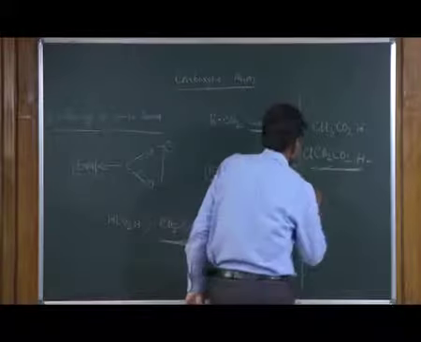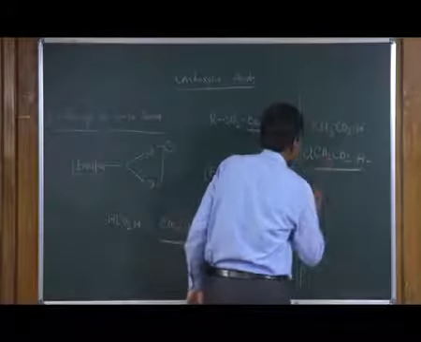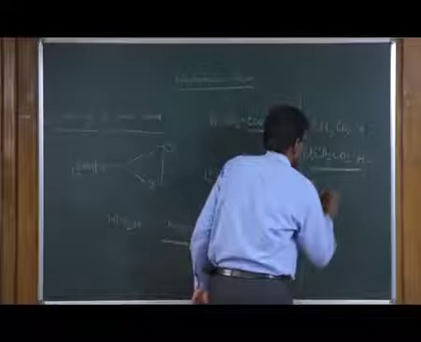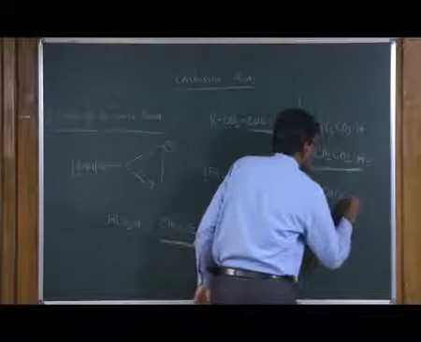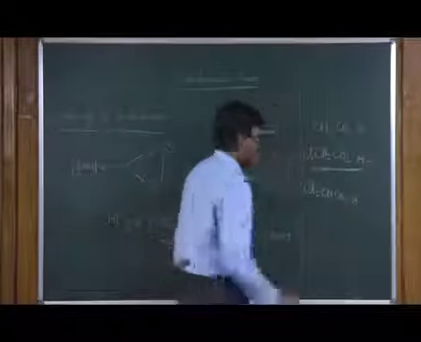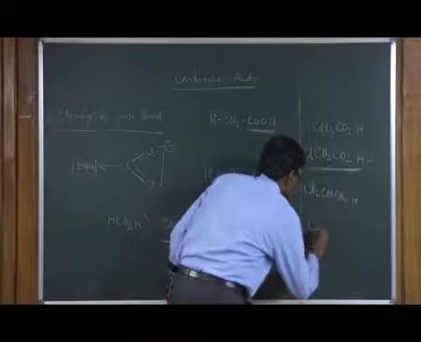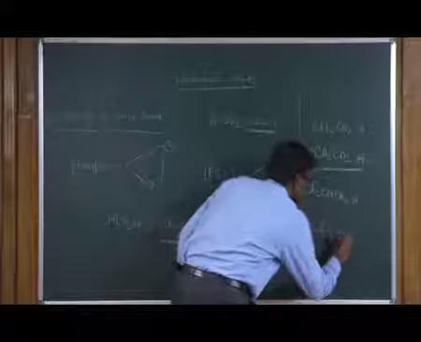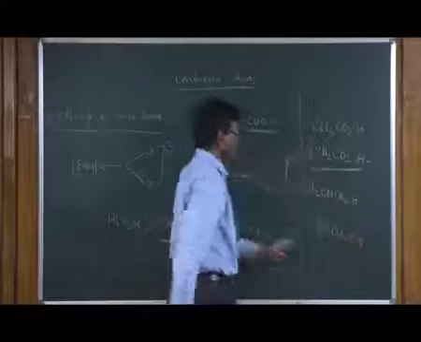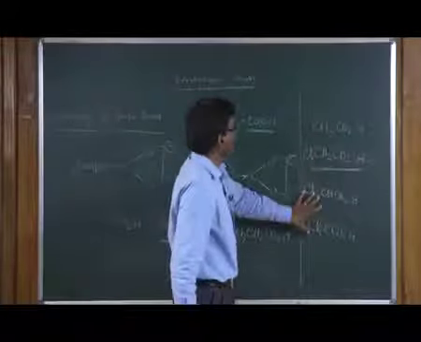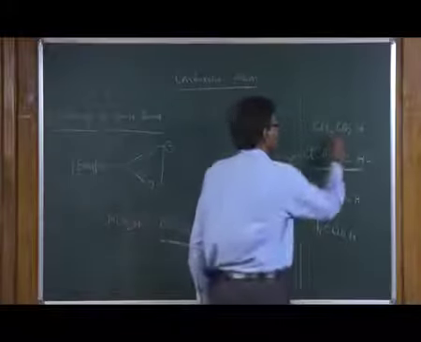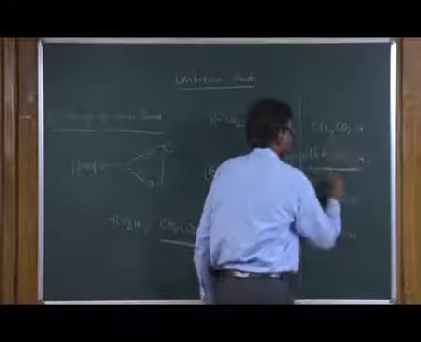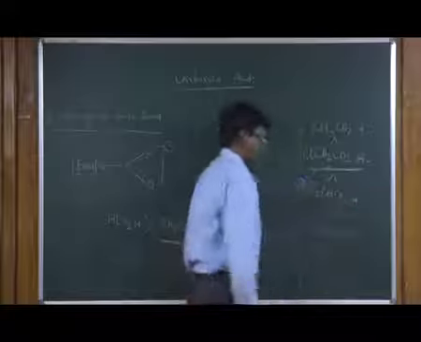For example, if you replace 2 hydrogen atoms, you get the Cl2CH. This is more acidic. And if you replace another hydrogen with chlorine, you get this, the most acidic. Among these 4 compounds, the acidity increases step by step, and this is the most acidic.